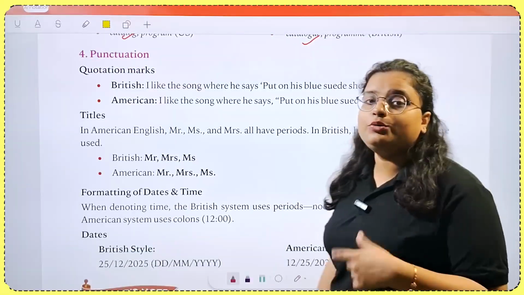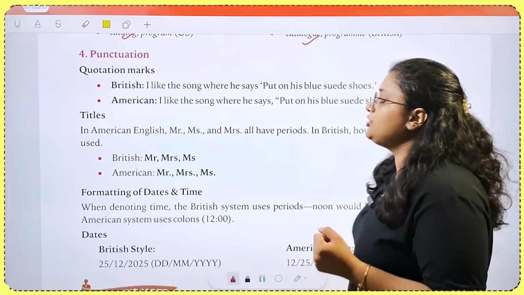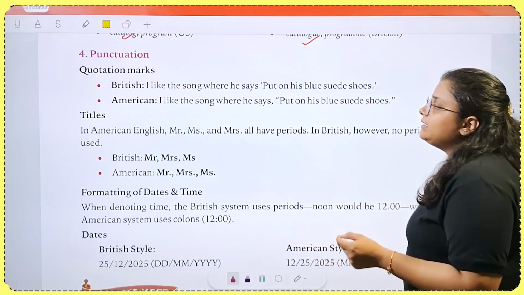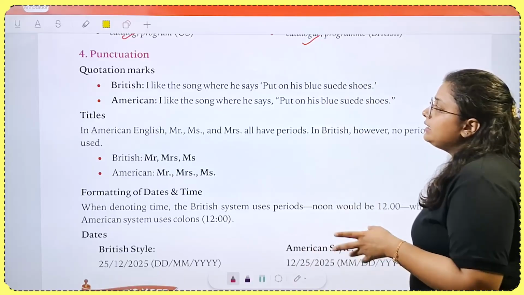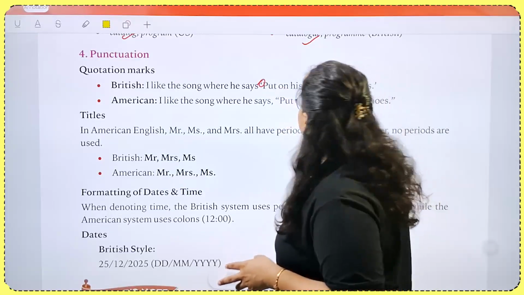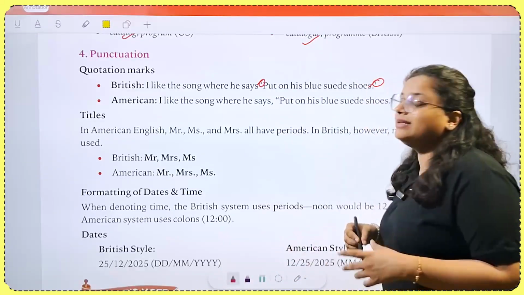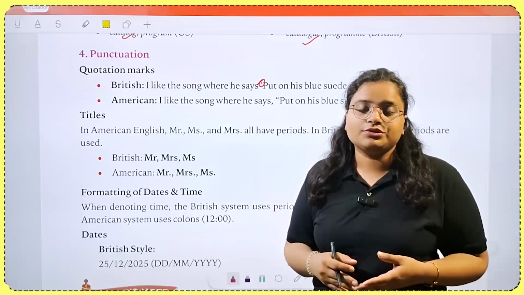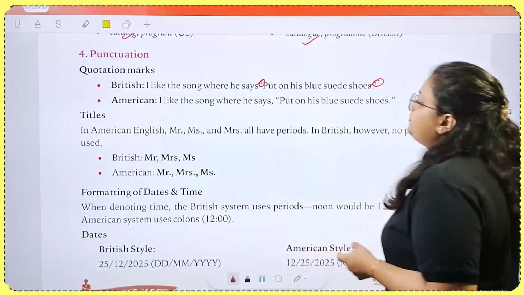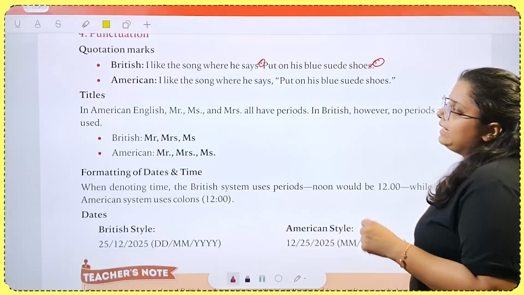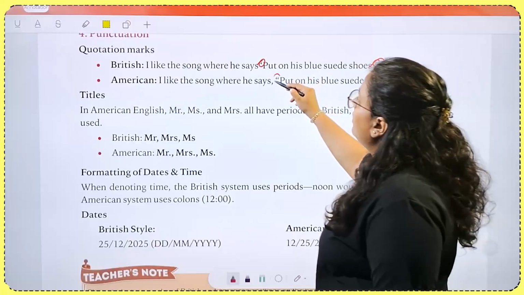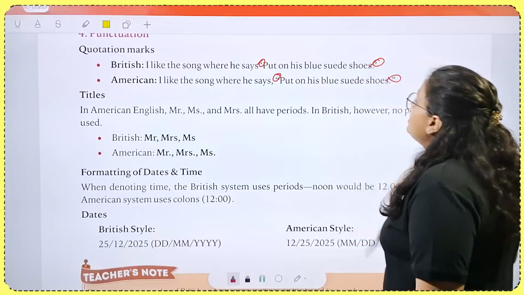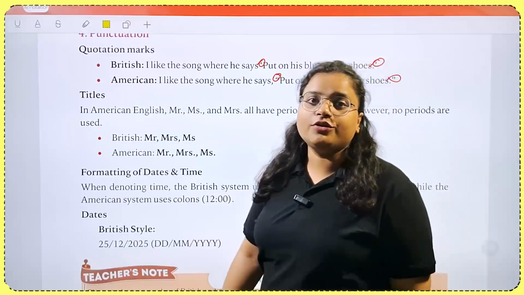Now, when we talk about punctuation marks, quotation marks in British English use single inverted commas, but in American English there is use of double inverted commas. You just have to notice these inverted commas.